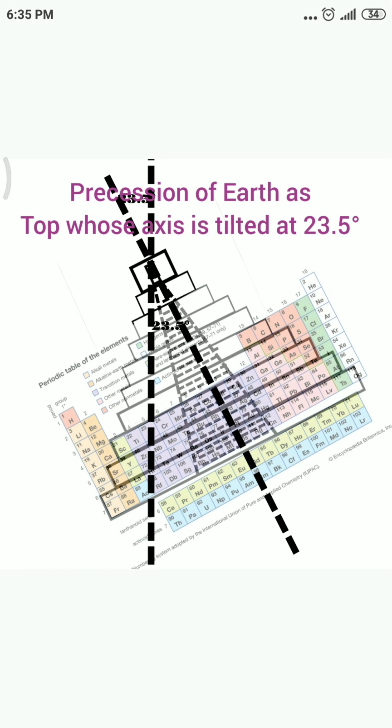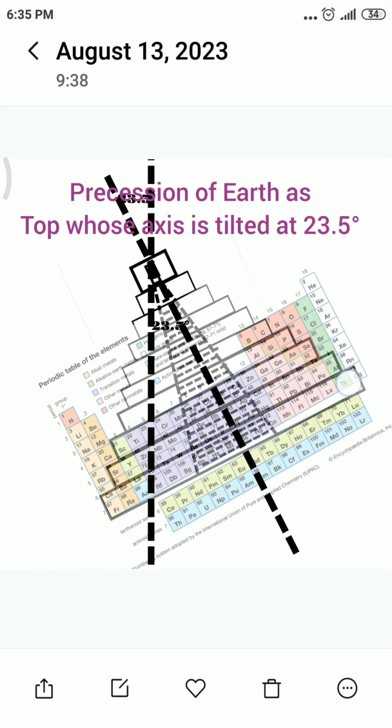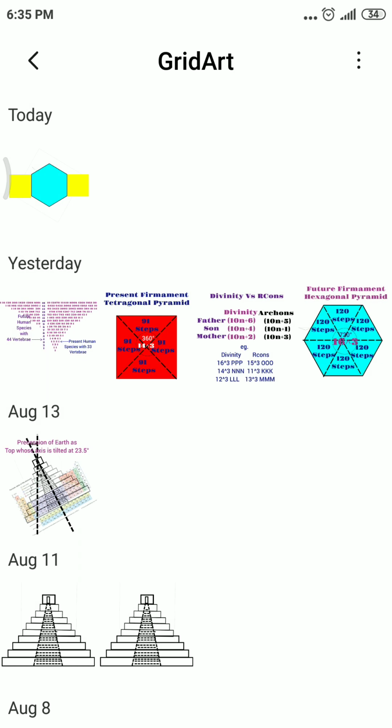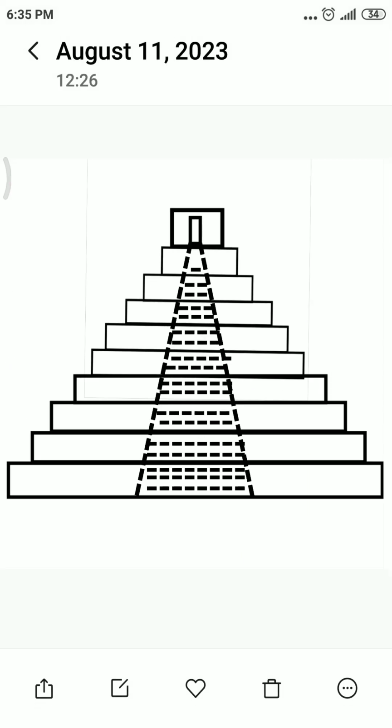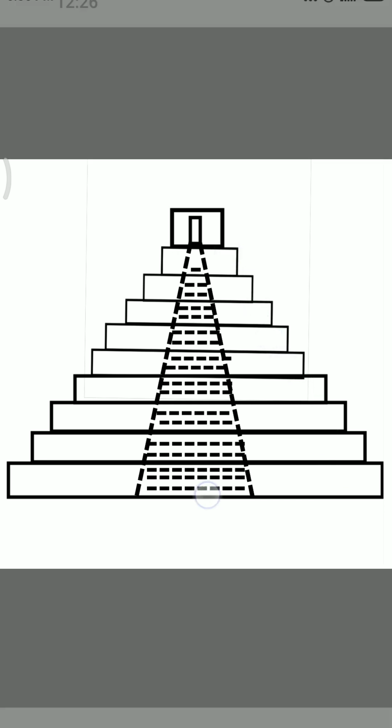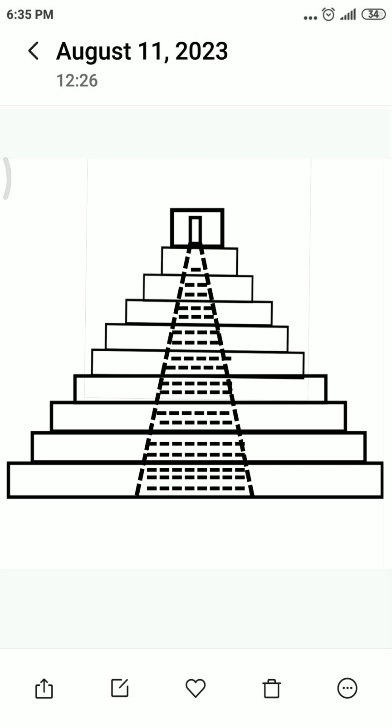So only 91 elements are present right now. Though there is provision for 9 steps here, 1 2 3 4 5 6 7 8 9, 9 stories rather, only 13 into 7, that is 91 elements, are so far filled in this pyramid.